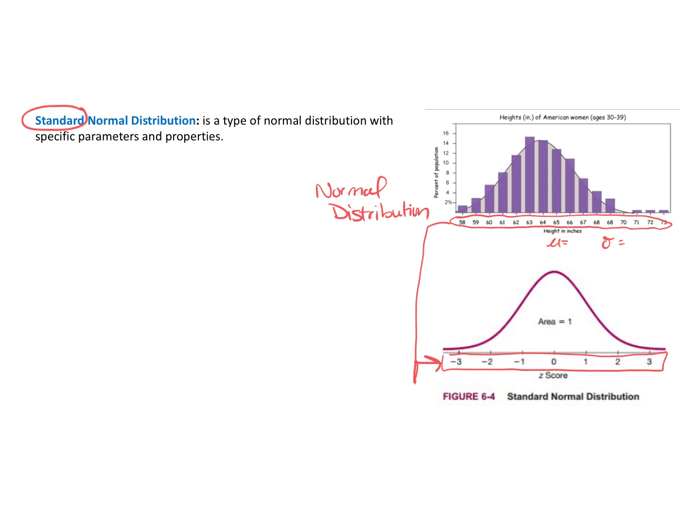So when we do that, we call this distribution the standard normal distribution. So we can create a standard normal distribution for any normal distribution. And the unique characteristic of a standard normal distribution is that the mean is always going to be 0. Okay, so that's the value in the center of your distribution. And your standard deviation is always going to be 1. So here we see that a z-score of 1 means you're 1 standard deviation above the mean, and a z-score of -1 means that value is 1 standard deviation below the mean.